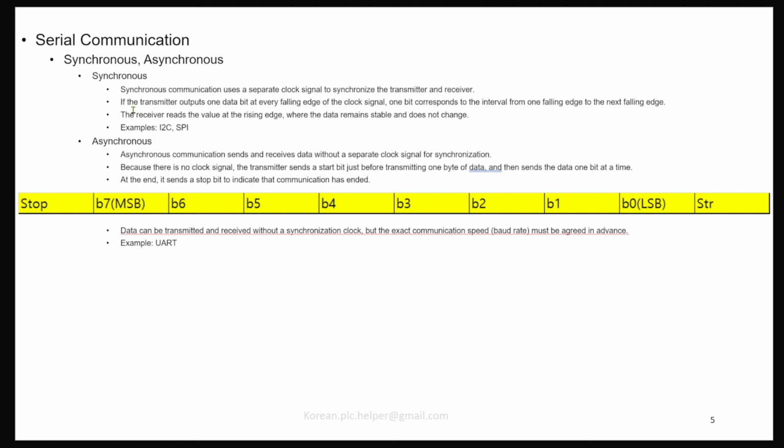Asynchronous communication transmits and receives data without using a separate clock signal. Because there is no separate clock signal, the transmitter sends a start bit before transmitting 1 byte of data.